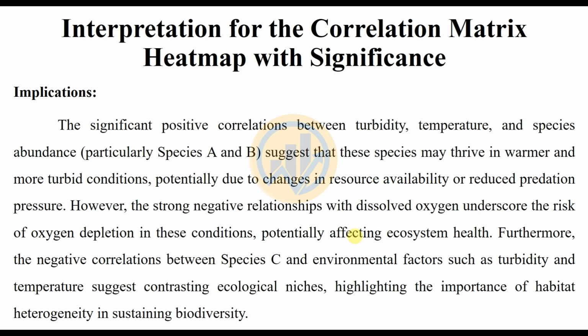However, the strong negative relationship with dissolved oxygen underscores the risk of oxygen depletion in those conditions, potentially affecting ecosystem health. Furthermore, the negative correlations between species C and environmental factors such as turbidity and temperature suggest contrasting ecological needs, highlighting the importance of habitat heterogeneity in sustaining biodiversity.